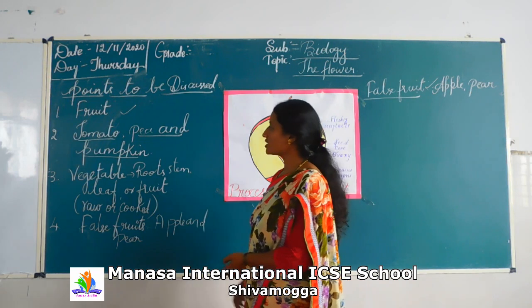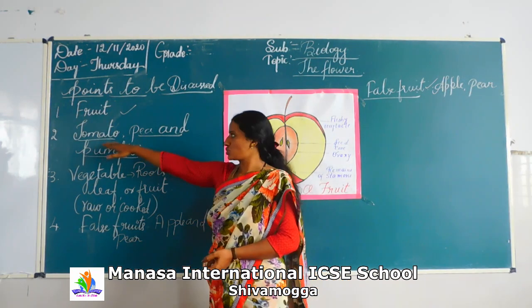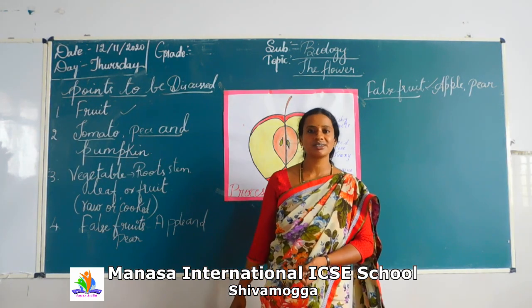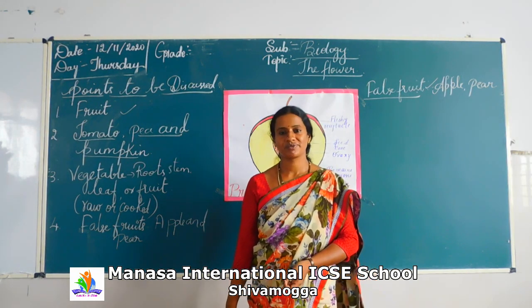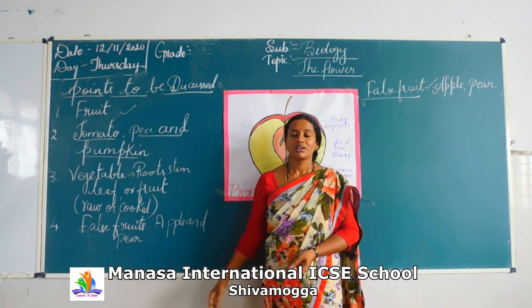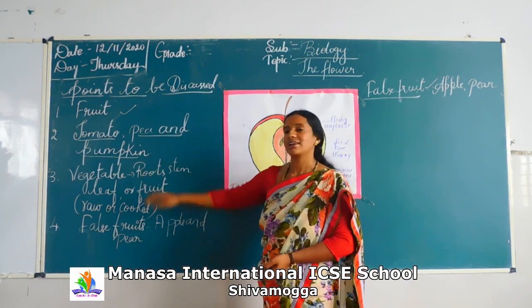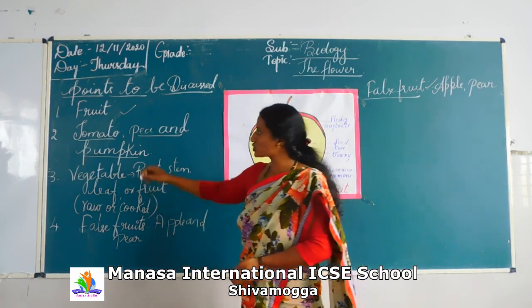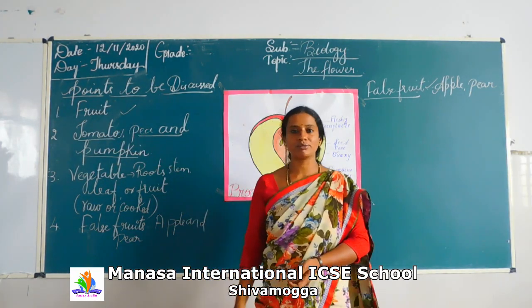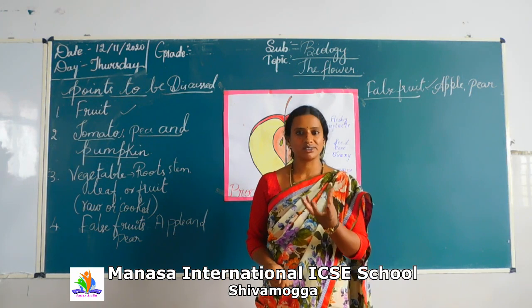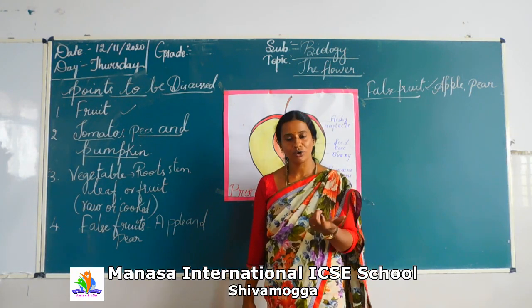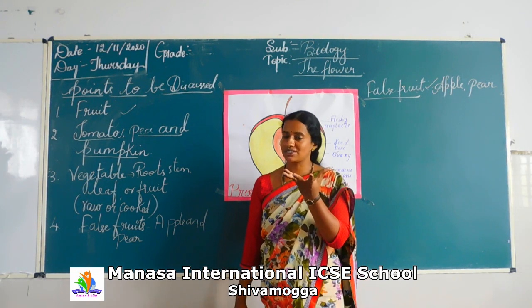Before that, let us know why even tomatoes, peas and pumpkins are considered fruit, but still, botanically, we say they come under vegetables. The tomato plant, when it grows, produces flowers.